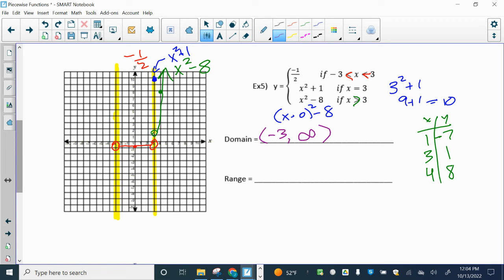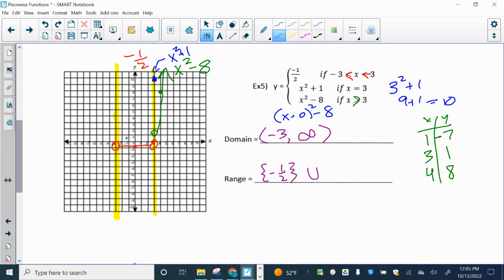Our range, we're thinking what's the lowest our graph goes for our y values, what's the highest? So lowest y value would be the y values we have here. And don't get confused by the open circles because we do have defined points all the way in between here. Remember that y value was -1/2. Okay, so we could say we just want the y value of -1/2 union, because there's more values.